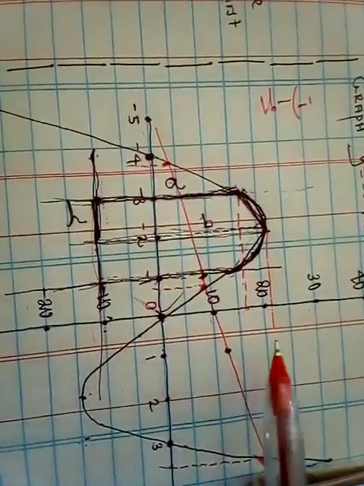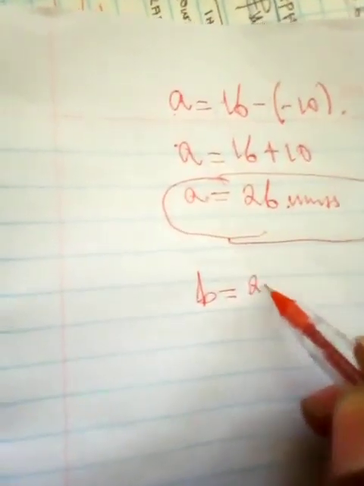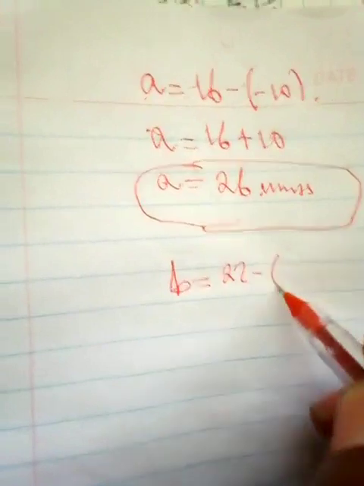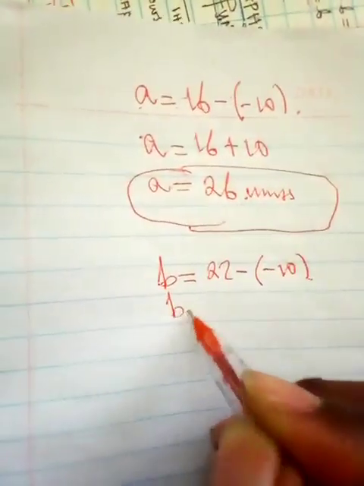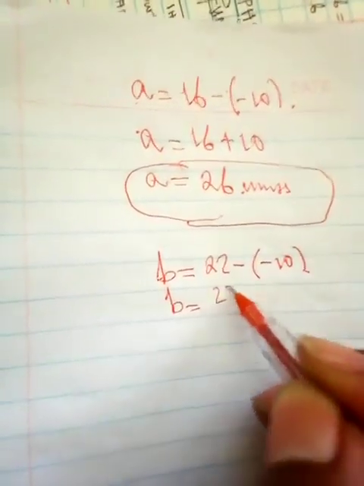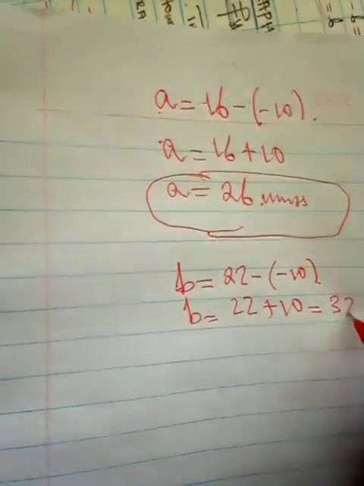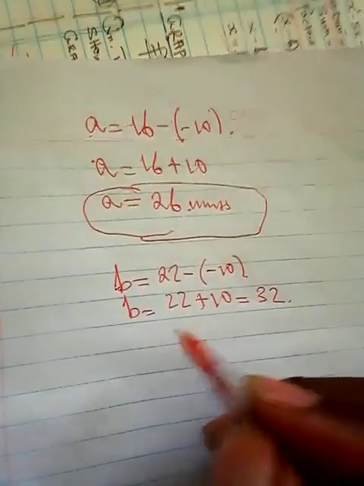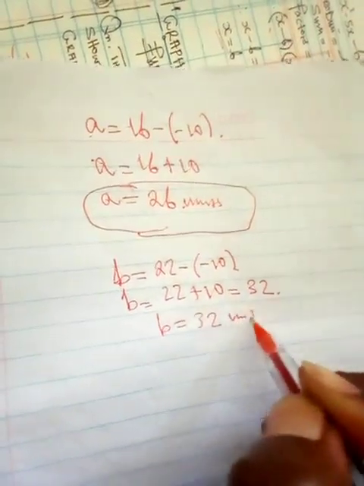So starting from the negative 10 to 22, your B is going to be 22 minus negative 10. So B will be equal to 22 plus 10, which is just going to be 32. In that way, B will be equal to 32 units.